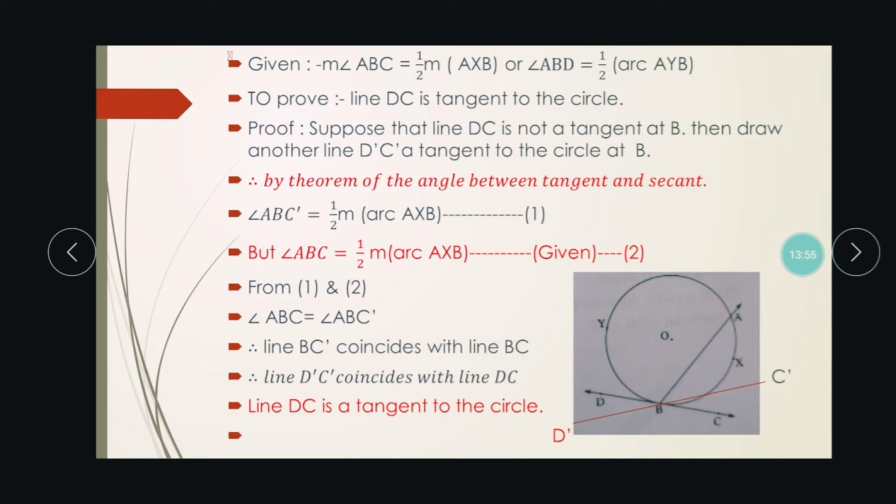So here we come to the point that line DC is the tangent to the circle. Here angle ABC is equal to angle ABC dash. It cannot be possible according to the definition of the tangent, that it touches at only one single point. So whatever we have assumed is wrong. So D dash C dash is not the tangent, which coincides with DC. So DC is the tangent to the circle.